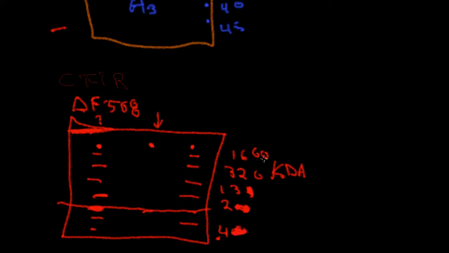Alright, so 16,000 kilodalton, 320 kilodalton, 13 kilodalton, 2 kilodalton, 0.4 kilodalton. Because your larger samples of RNA, the bigger pieces won't go nearly as far through this goo as do the smaller pieces. Alright, so that allows us to look and just see, gee, are there pieces and how big are they?